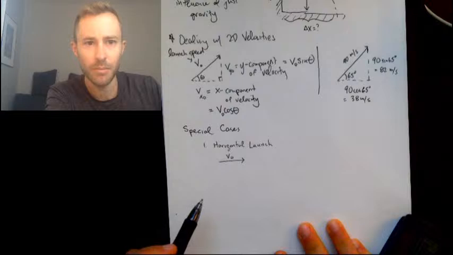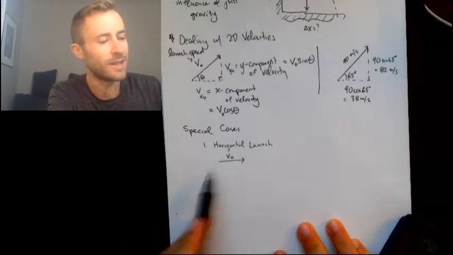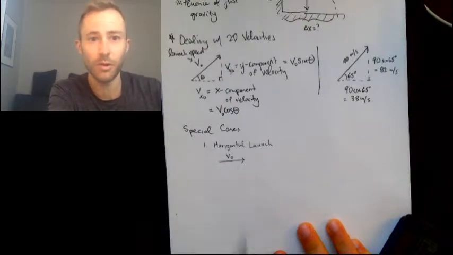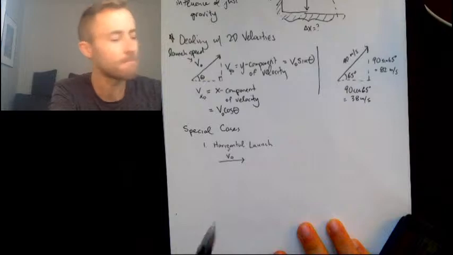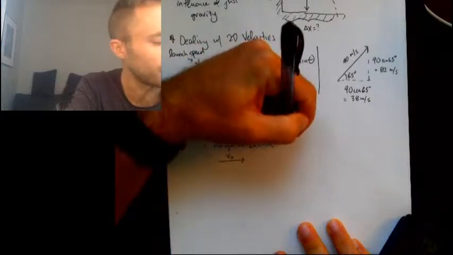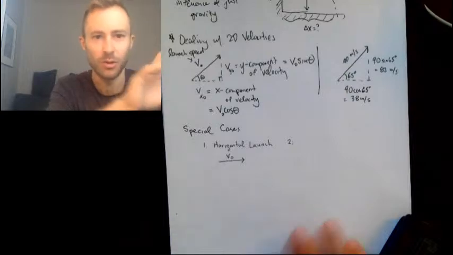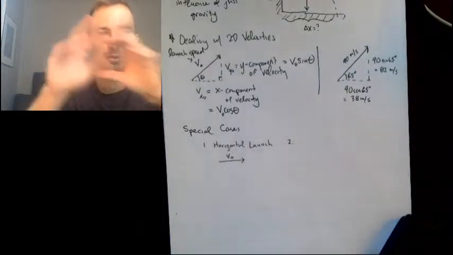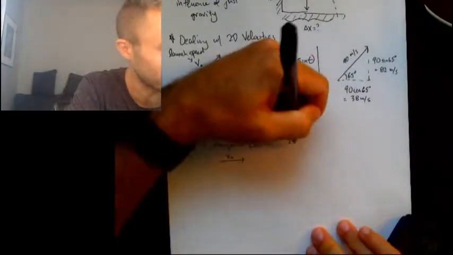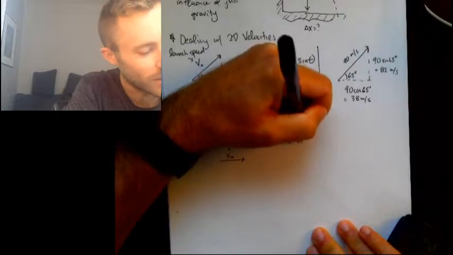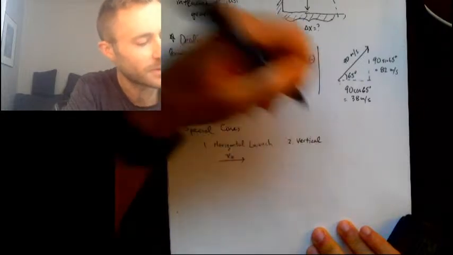So go ahead and type into the live chat if you know what the angle of launch is for a horizontal launch. Put horizontal launch angle equals this, because I'm about to ask you as well, what would it mean to have a vertical launch?